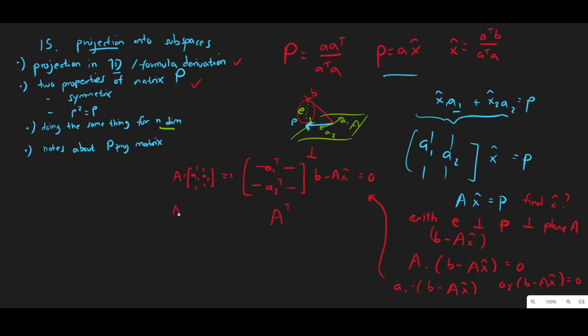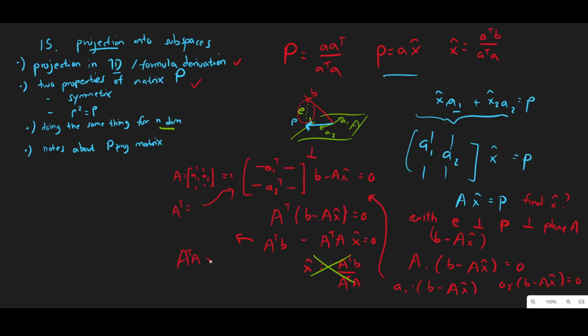Because A transpose has A1 in a row and A2 in a row instead of columns like the original A. So let me continue, and then we have this form, and you may be tempted to do this, but remember there is no such thing as division by a matrix. So let me put a big cross on it, and what we can do instead is let's do it here.